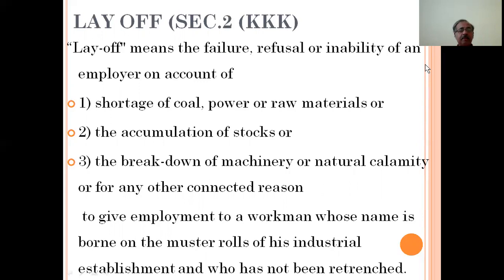The next definition, a very important definition, is layoff. Section 2 subsection triple K defines what is layoff.